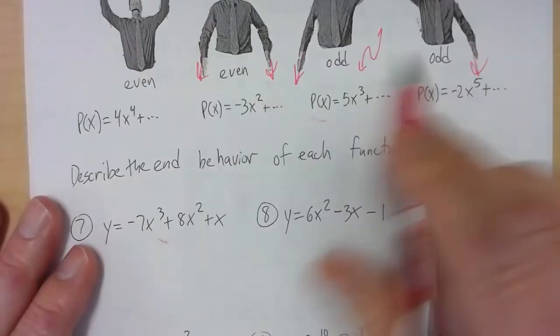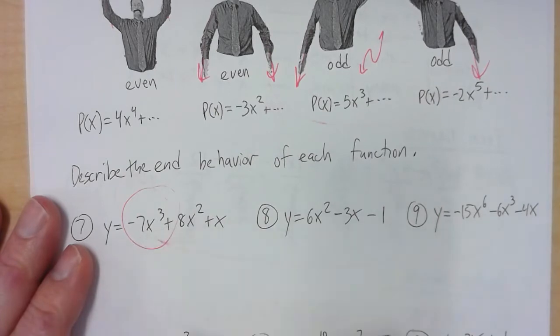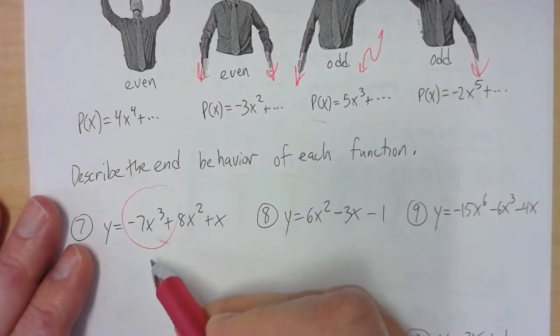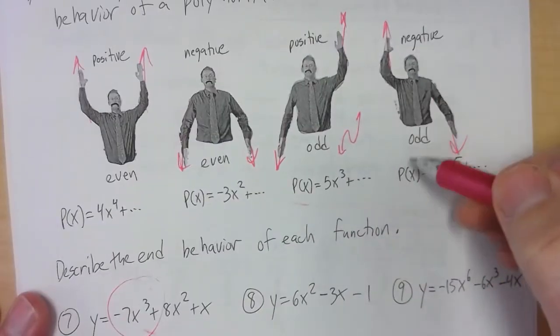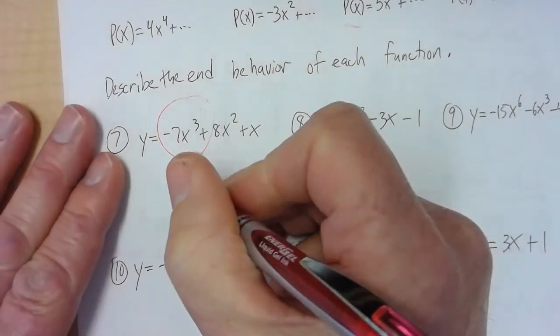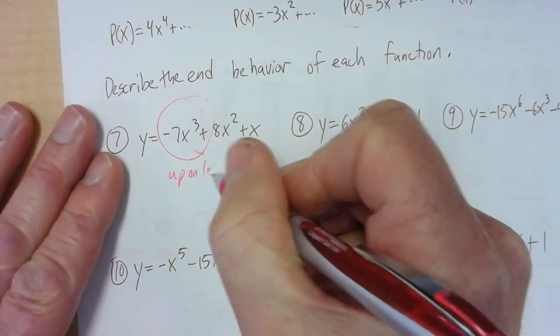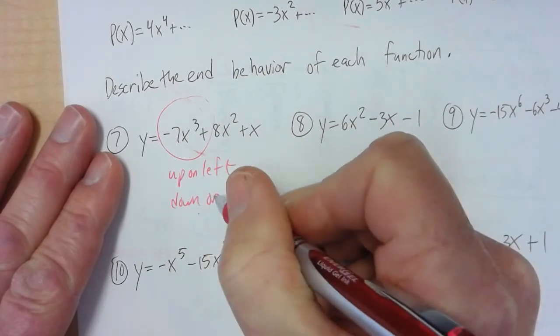We don't care about any of the other terms. It's this here. The highest power creates the end behavior. The highest power always has control over the rest of the function. So negative and odd means it's up on the left and down on the right.